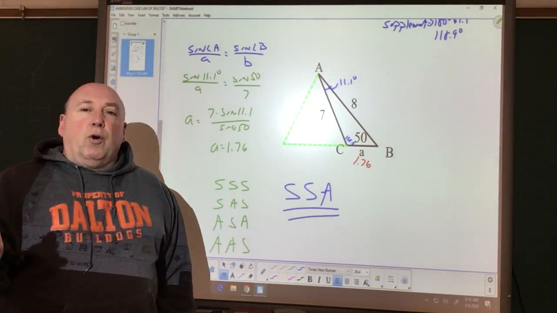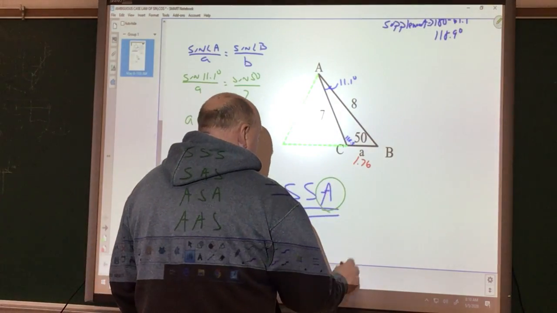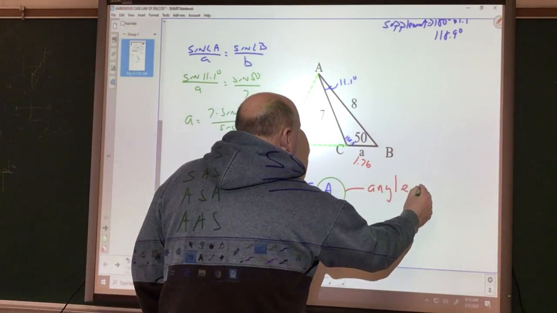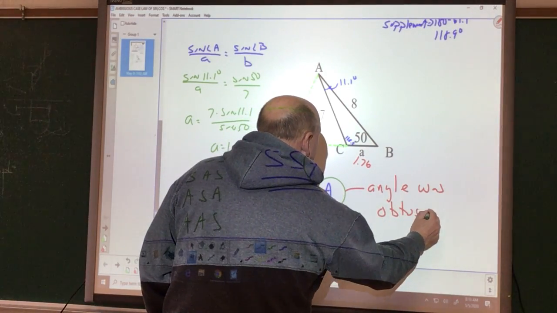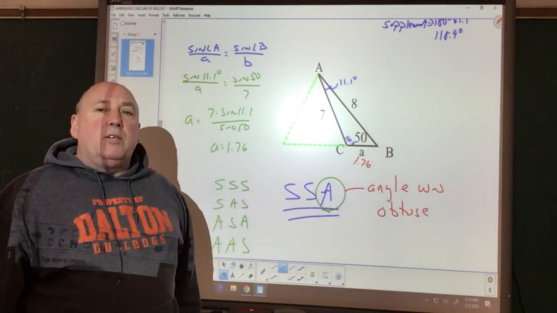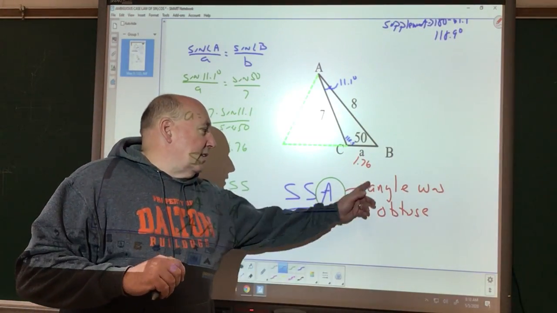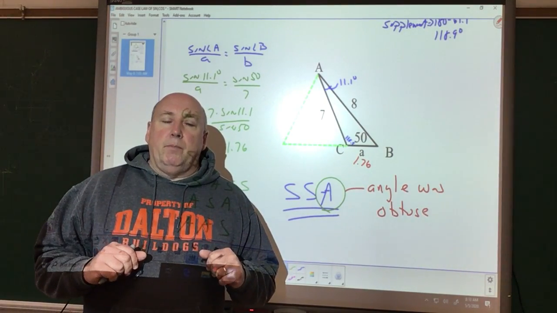Now, you could put a corollary to this. If this angle was obtuse, then this would be true. If this angle was obtuse, then these two triangles would be congruent.